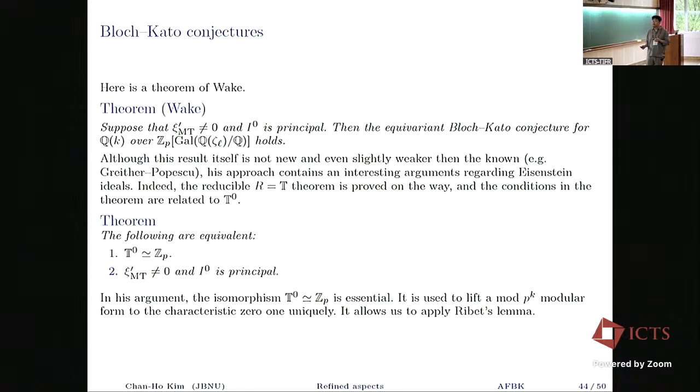What he also proved is that this Hecke algebra being just Z_p is equivalent to the derivative being non-zero and the Eisenstein ideal being principal. So further, in his argument, this isomorphism is very essential because it is used to lift the mod p k-modular form to characteristic 0 uniquely. And after having this characteristic 0 lift, we can apply Ribet's lemma to get the correct Kolyvagin classes.